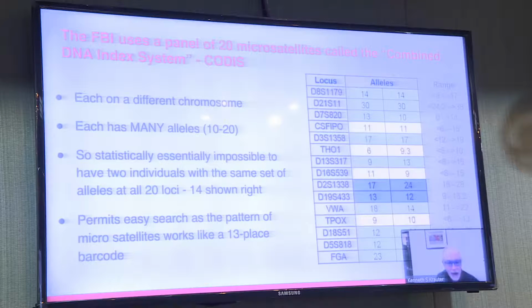about 15 years ago, developed this so-called panel of microsatellites called CODIS, which stands for Combined DNA Index System, where they identified 20 different microsatellites that are present at unique locations throughout the human genome, most of them on different chromosomes.